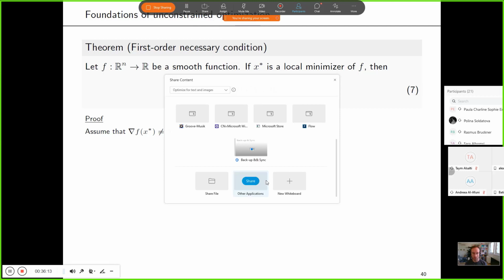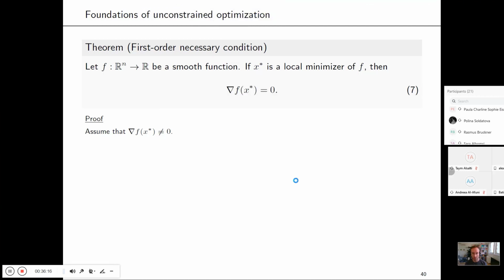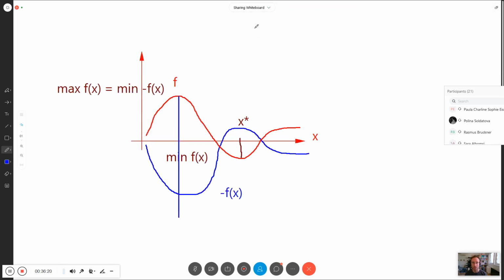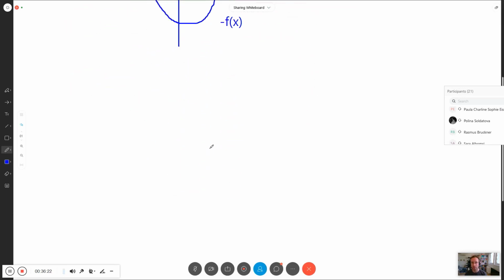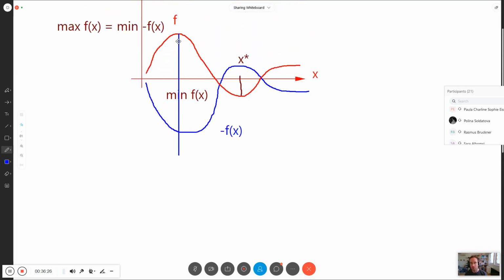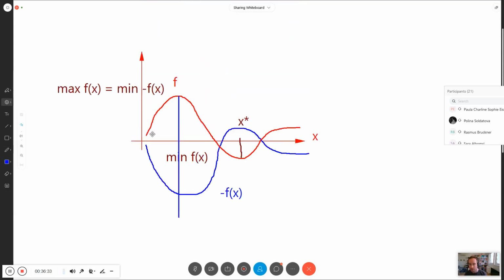So let's again switch to the whiteboard. Maybe it's because I go to a new whiteboard. This is what I should do. There we are back. We have one whiteboard. Of course, the derivative is 0 because here you see that the function is first increasing, and then at the location of its maximum, it's not further increasing, but it's also not immediately decreasing.